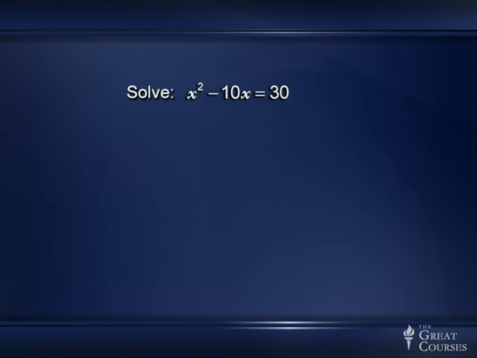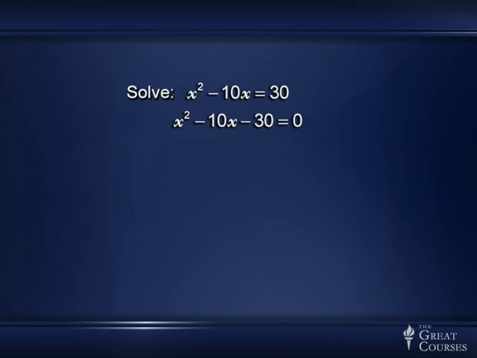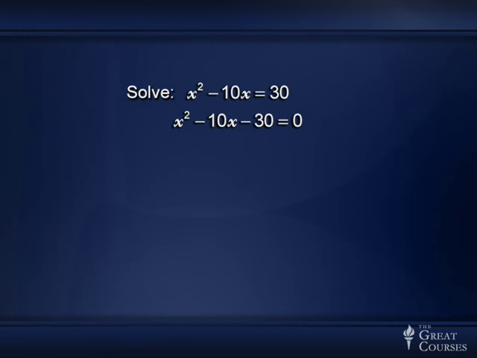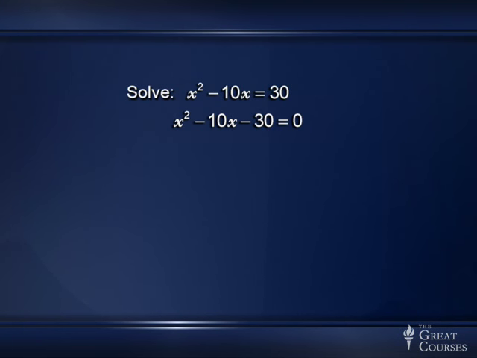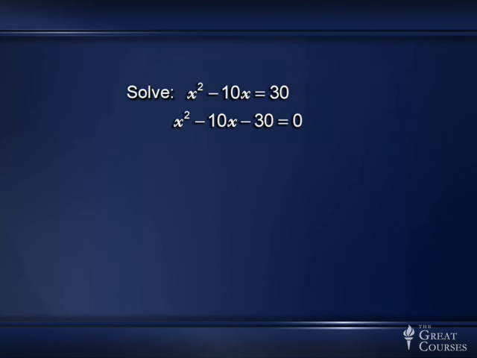Well, I know that this equation, x squared minus 10x equals 30, is the same as x squared minus 10x minus 30 equals 0. Remember, one of the rules that we often use for solving these things is to move everything to one side. Now, let's use this rewriting of the old equation to solve that old equation.